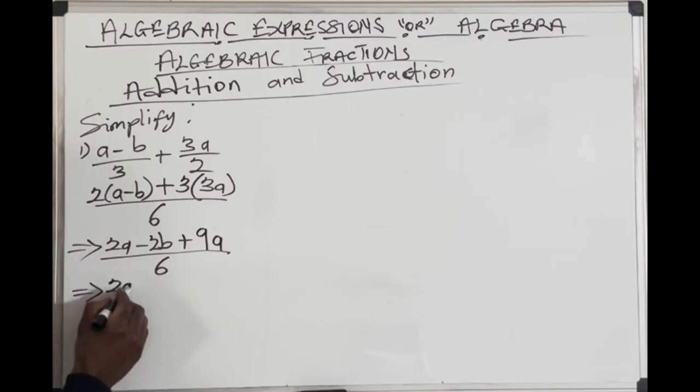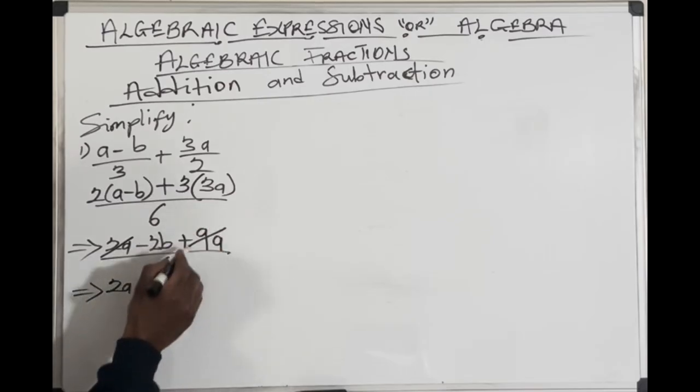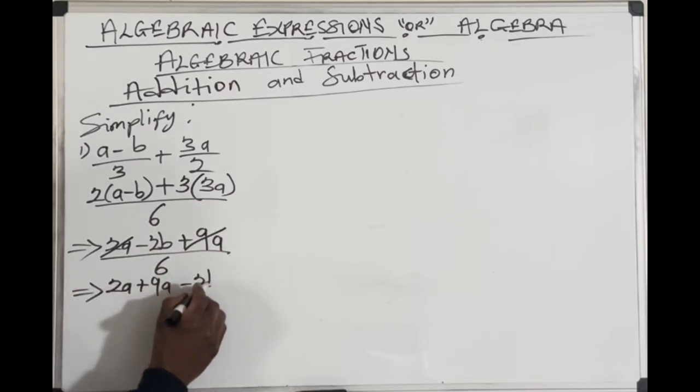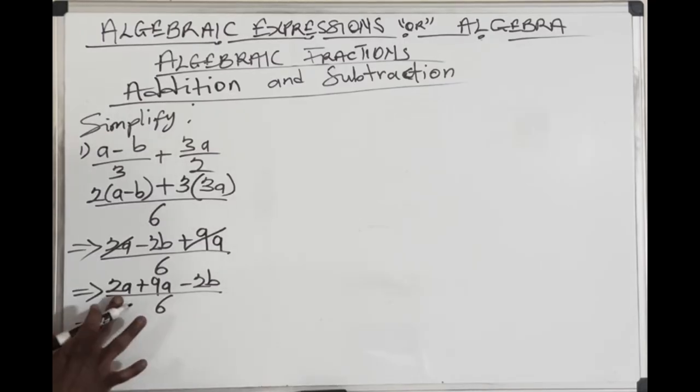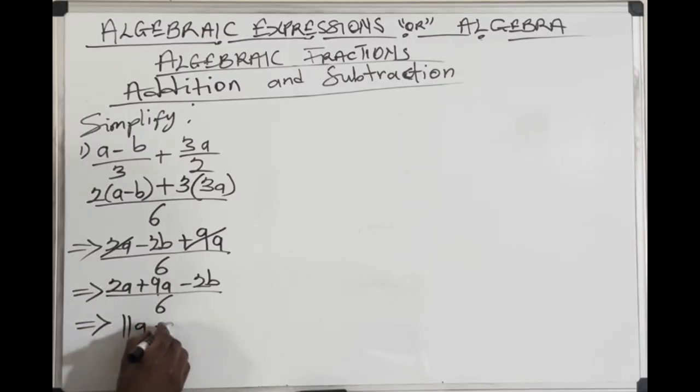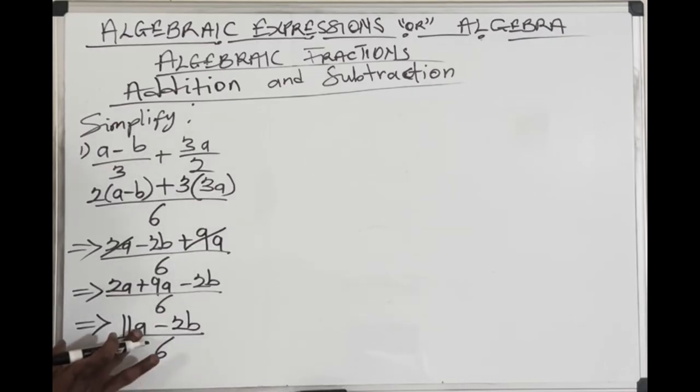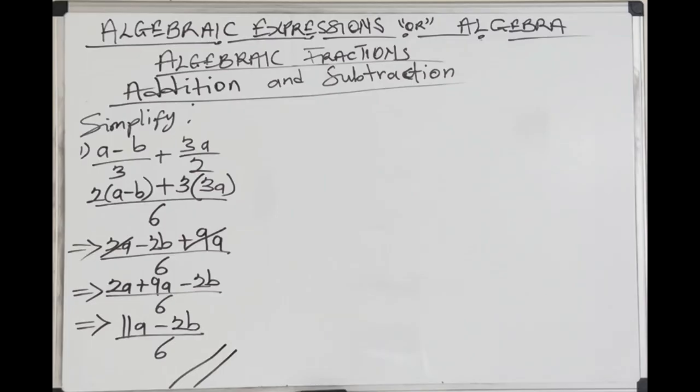So 2a plus 9a, then minus 2b, all over 6. When we add 2 and 9, we get 11a minus 2b over 6. They have different variables, a and b, so we can't continue working. That's the final answer.